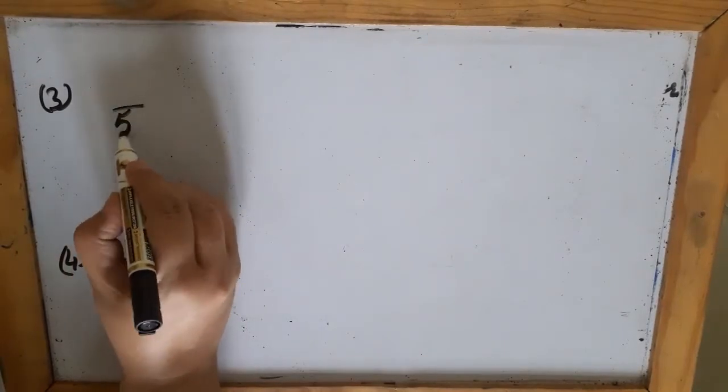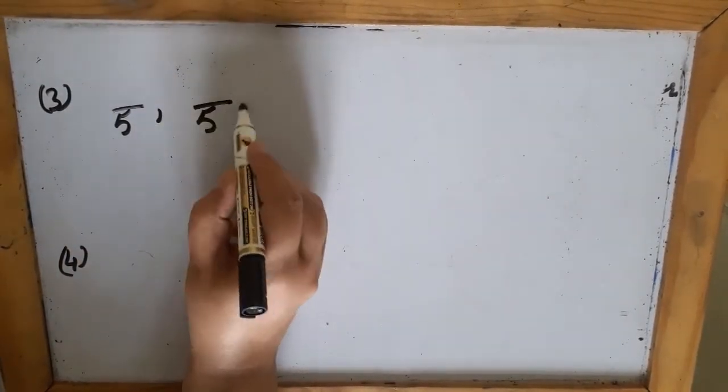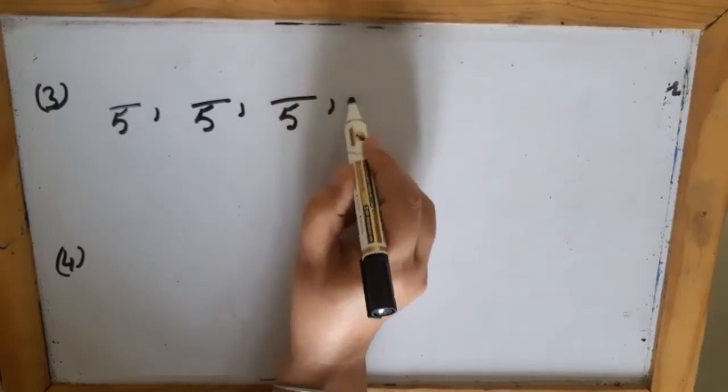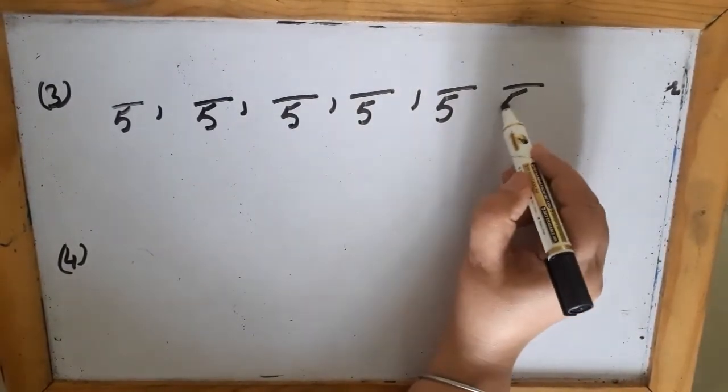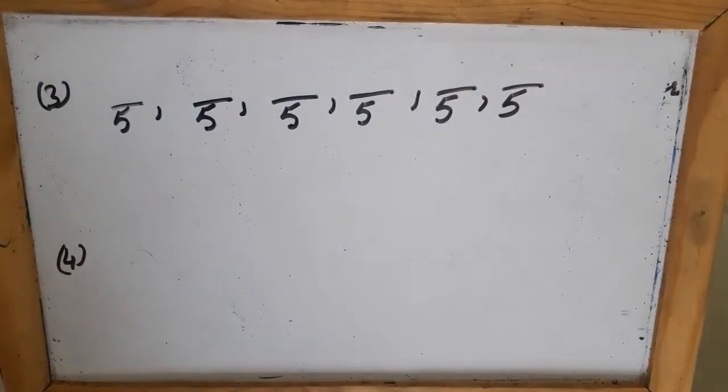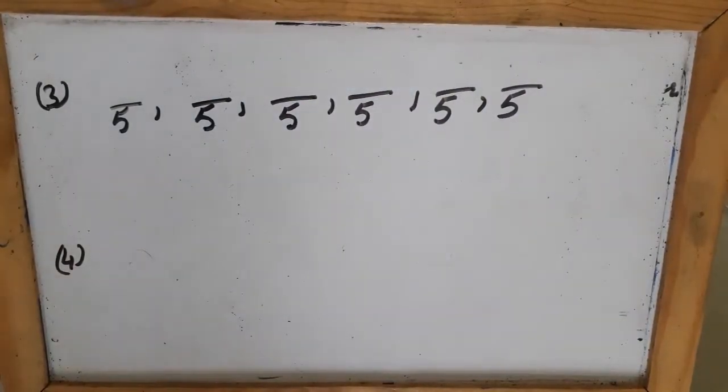Okay, now the third question says write 6 improper fractions with denominator 5. So I have to write 6 fractions, all of whom should have the denominator 5, and they should be improper fractions.